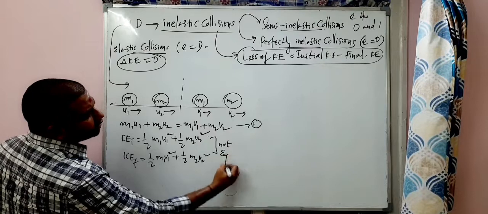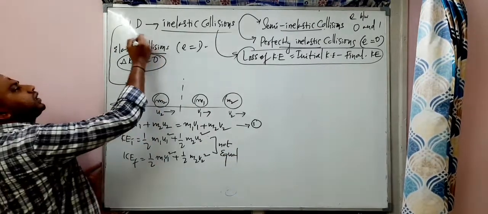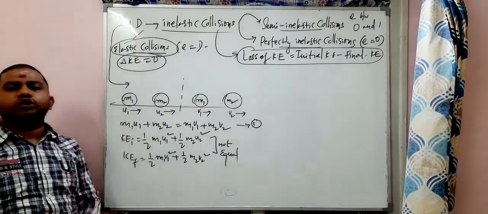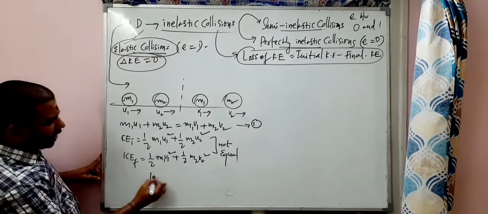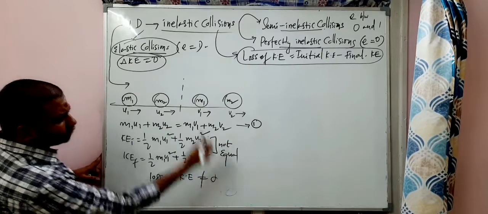When these two are equal, that is elastic collisions. Here these two values will never be equal. When they are not equal, there is a loss of kinetic energy, which is not equal to 0, my dear students.